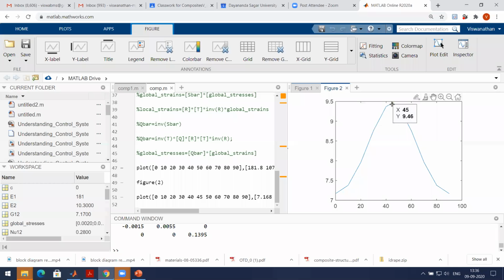Okay, at 45 degree, the shear modulus what you get is maximum. So if you want a part which needs to have good shear strength, then the plies what you use must mostly be of 45 degrees. Okay, so that's the understanding what we get.